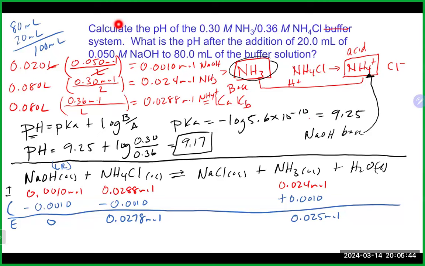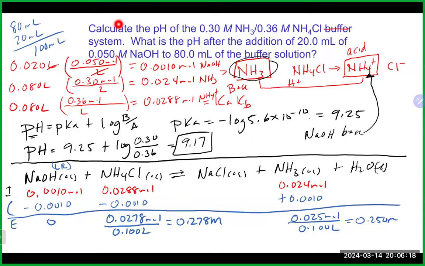So we're going to divide by 0.1 liter to convert to molarity. 0.0278 divided by 0.1 is 0.278 molar, and 0.025 divided by 0.1 is 0.25 molar. Any questions on that ice table?